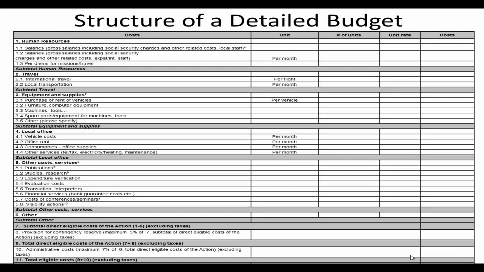Now, again on the screen is a typical layout of a budget coming from a reasonable size, a couple of €100,000 euro project. So the first group of items are the human resources, and then you total the human resources. It's good to indicate what the unit of the human resource budget is, whether it's per month or per annum, to indicate the number of units.